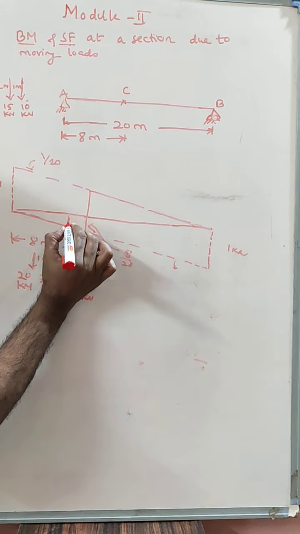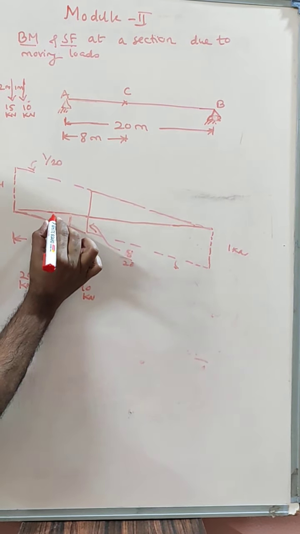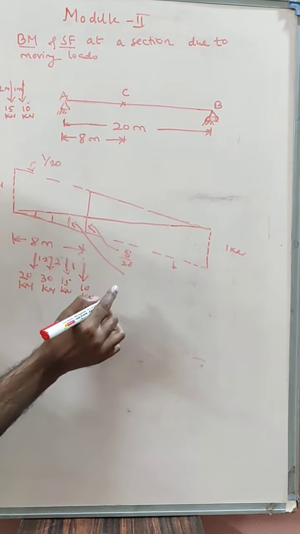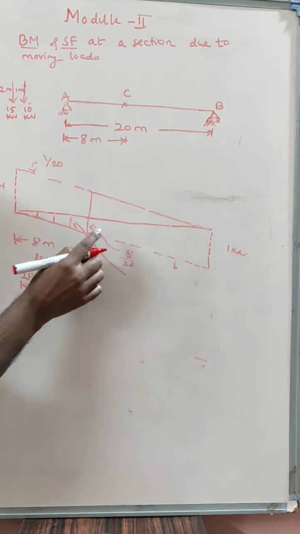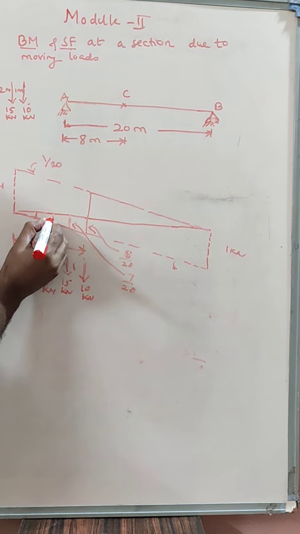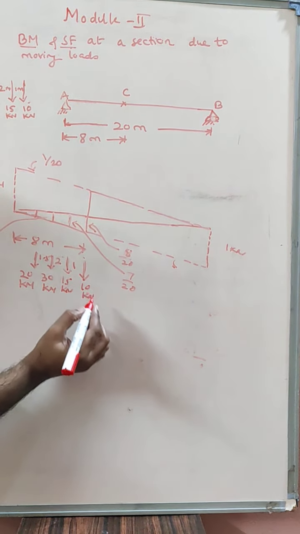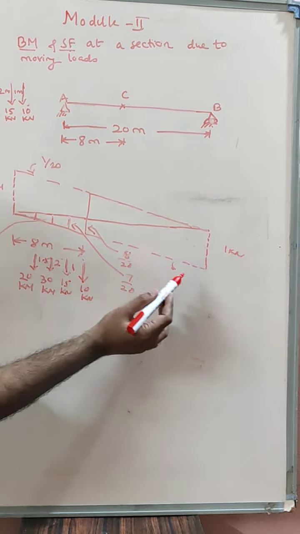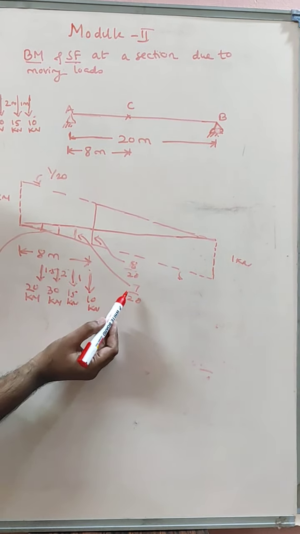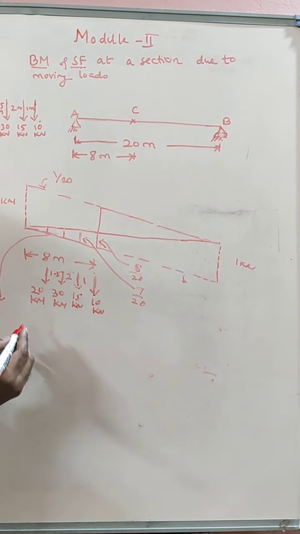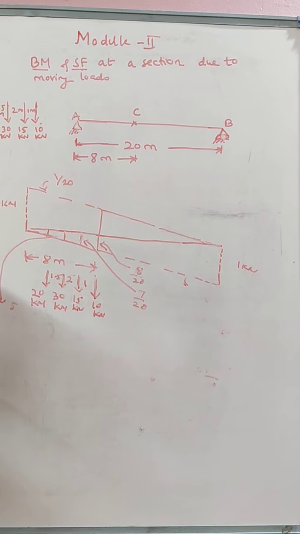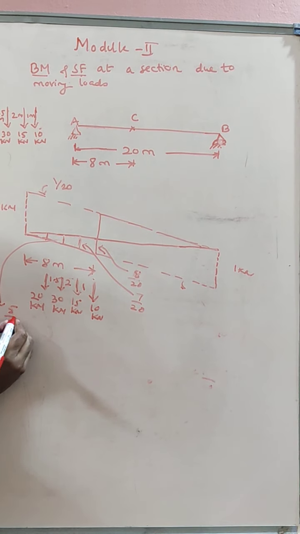I will just mark here this and this small one. Yes, what will be this ordinate? This is 8/20, so minus 1/20. That means it is 7/20. Now what is this ordinate? 1/20 is the slope, so 7/20 minus 2/20, that is 5/20.